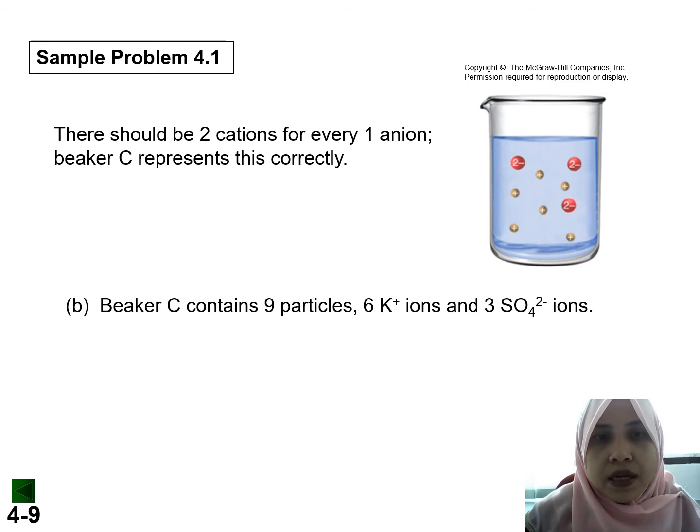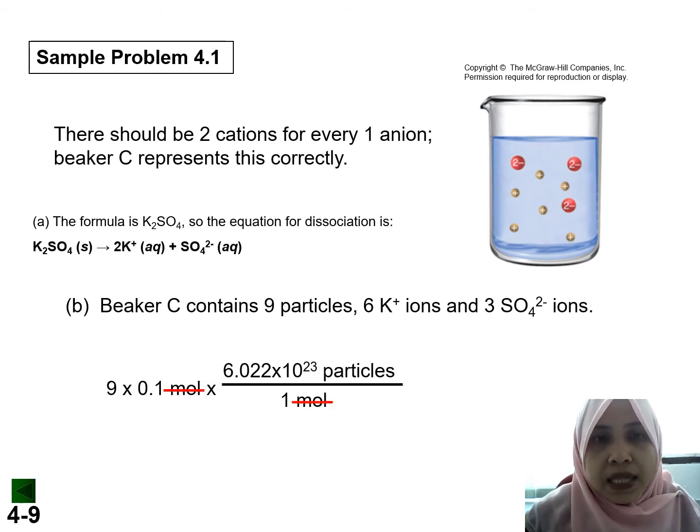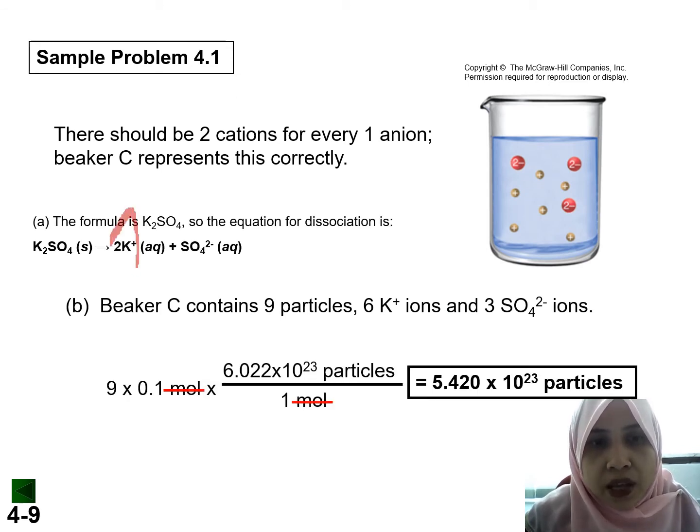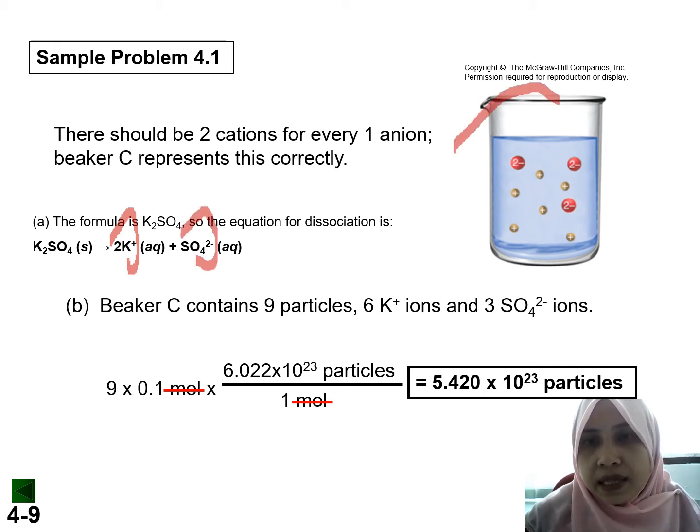From the equation, we can see that there should be 2 cations for every 1 anion. Therefore, we represent this correctly, as for every 2 cations, there should be 1 anion.